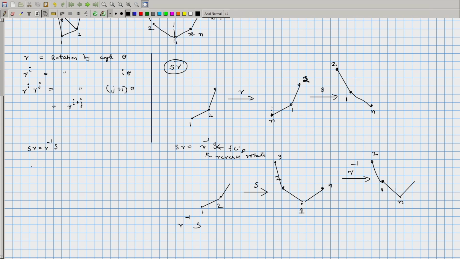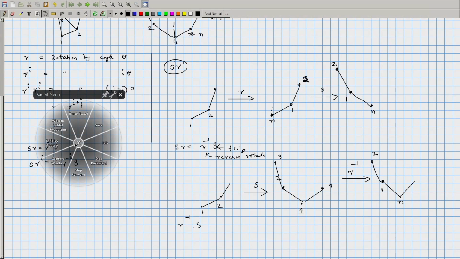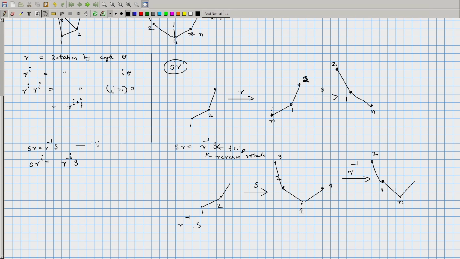This would also mean that S R raised to I is going to be R raised to minus I S. This can be seen by repeatedly applying rule number 1.